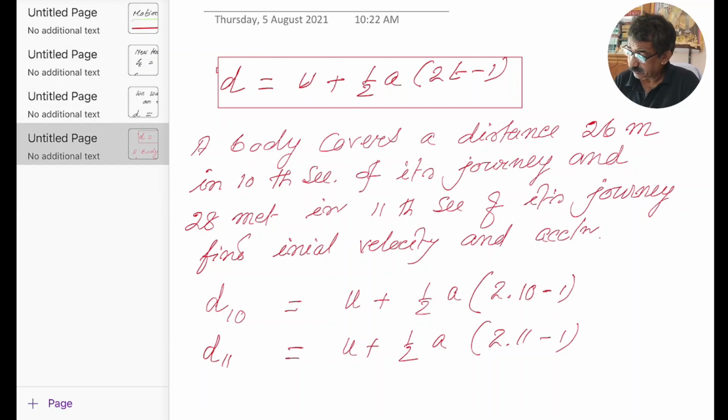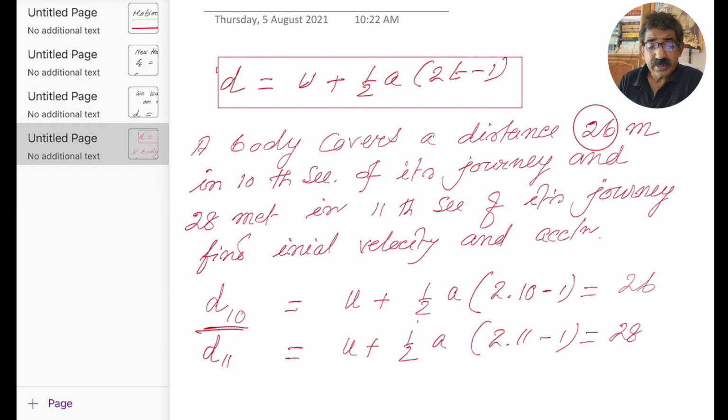So this gives u plus half of a into 2 into 10 minus 1, that is 19 by 2. So we can write d10 is equal to 26 meters. According to our problem, this expression is equal to 26 and this expression is equal to 28. Okay, so once again I shall write the expression on another page.